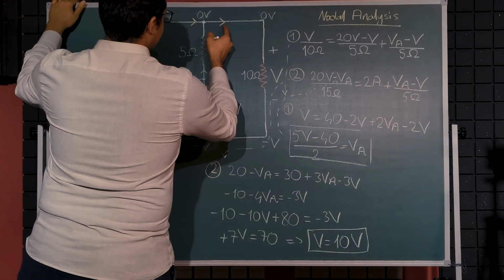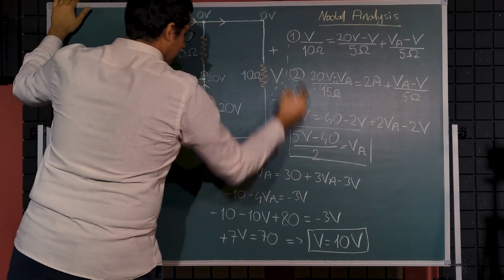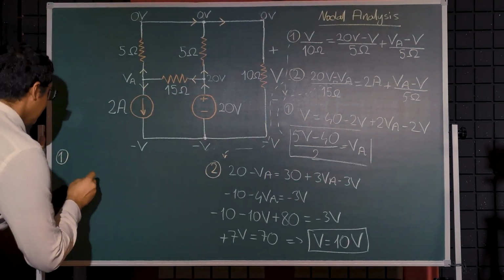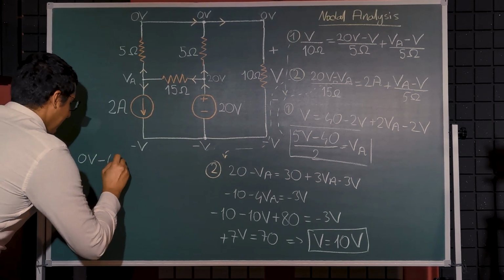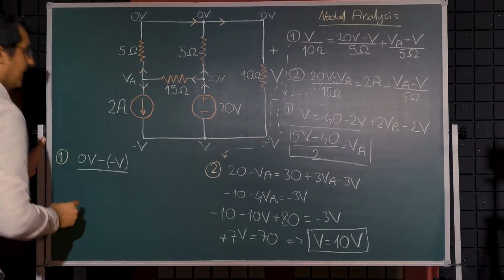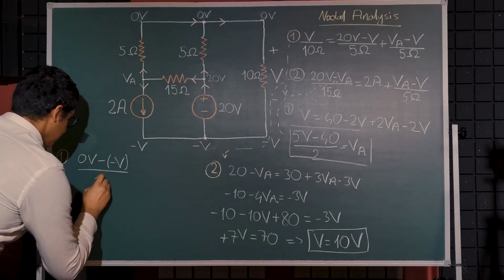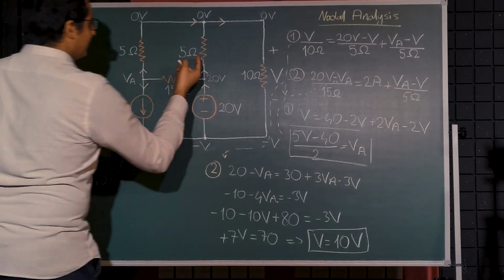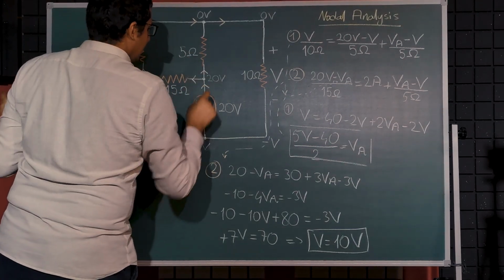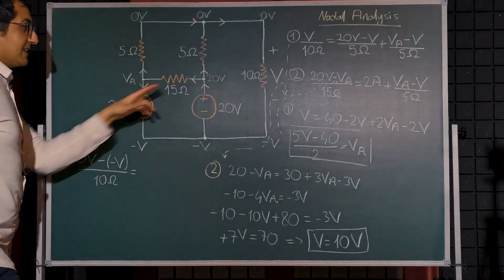The first current will be the voltage at this node minus the voltage at that node, which is 0 volts minus minus V, divided by the resistance of 10 ohms, and it will still be equal to the sum of these two currents.